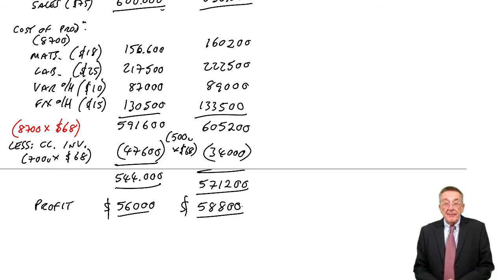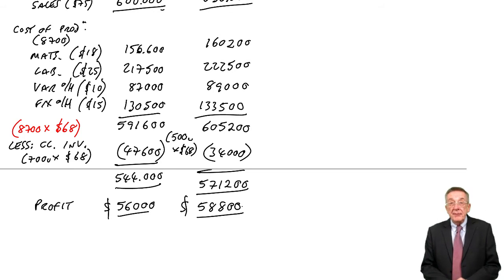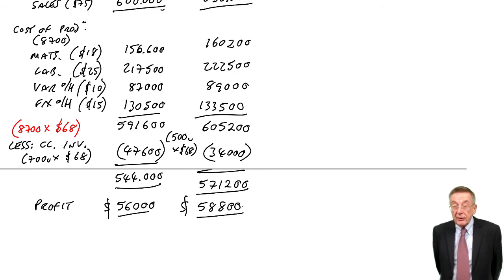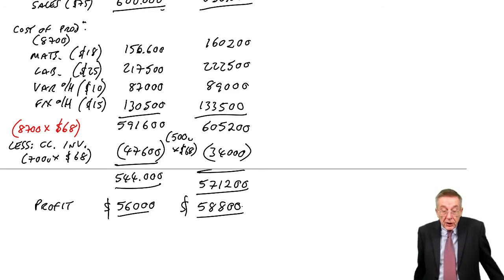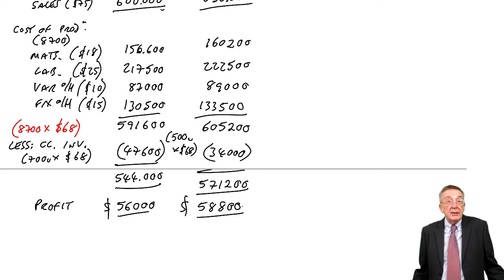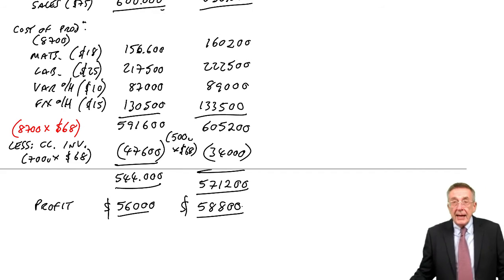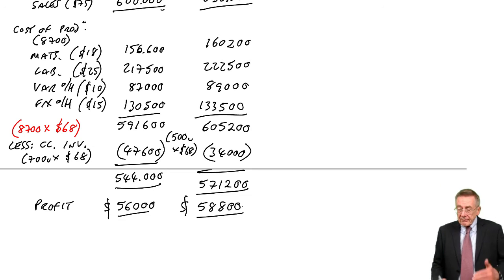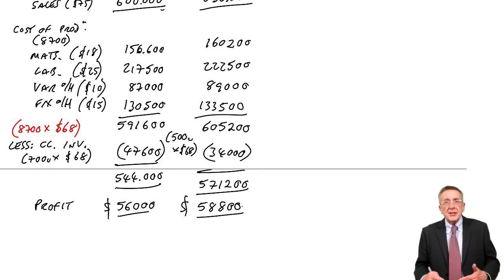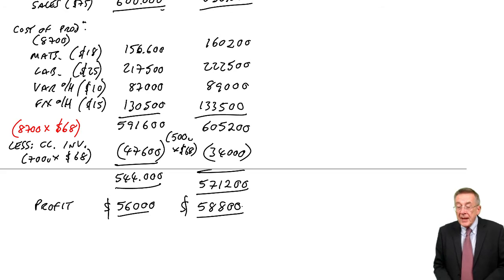And so the profit, we don't expect really to be 58,800 at all, because we've put in 133,500 for fixed overheads, and it should stay fixed at 130,500. If you remember the lectures on absorption costing, we always have to make that adjustment for under-over absorption, and it's something we're going to have to explain here shortly. But the reason we've done it is this.